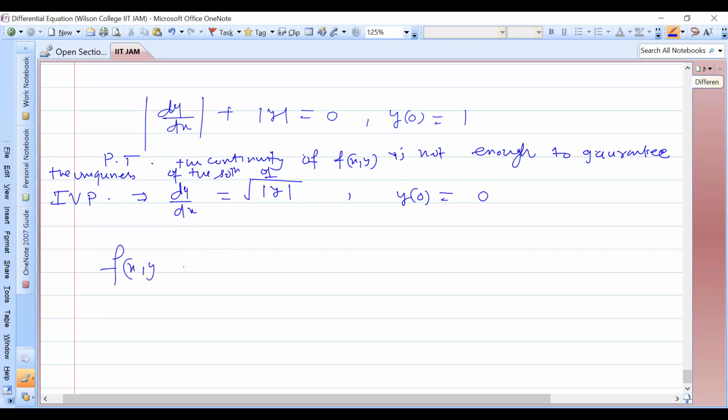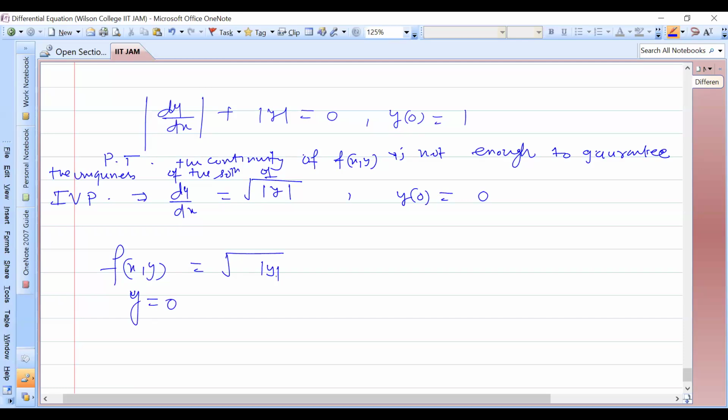See, here we consider f(x, y) equals root of mod of y. This function is continuous everywhere. Yes or no? Yes, sir. This is continuous everywhere. So here, what are the possibilities?